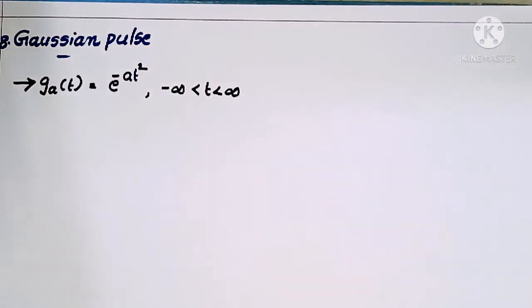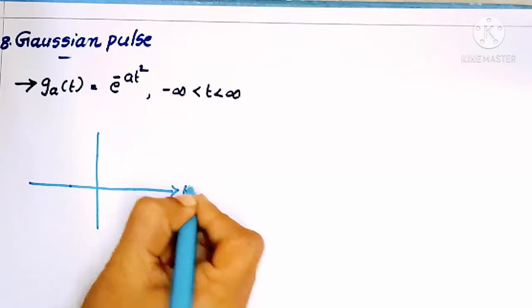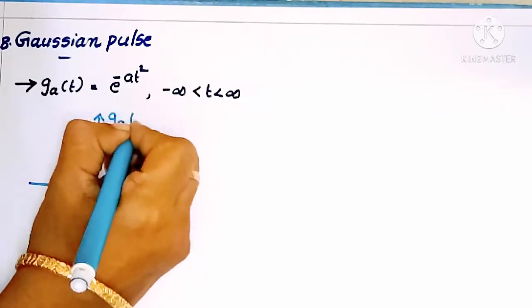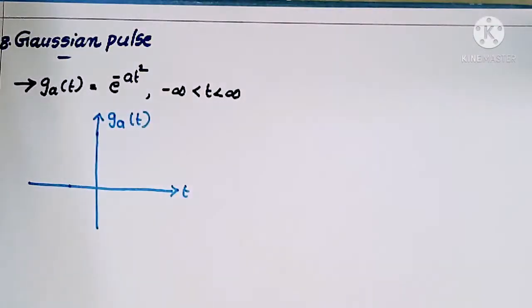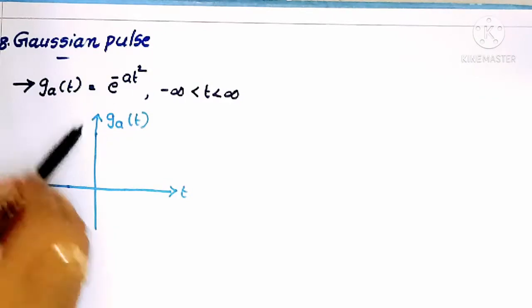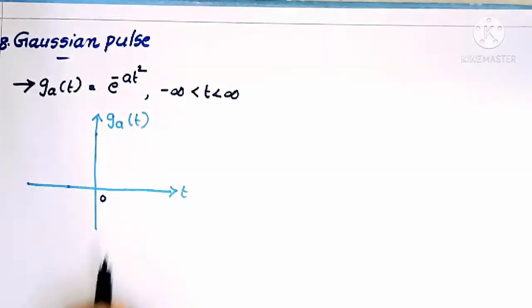So we can plot the Gaussian graph. This is our time axis, and this is Ga of t. First we should find out the Gaussian pulse value at t equal to 0.